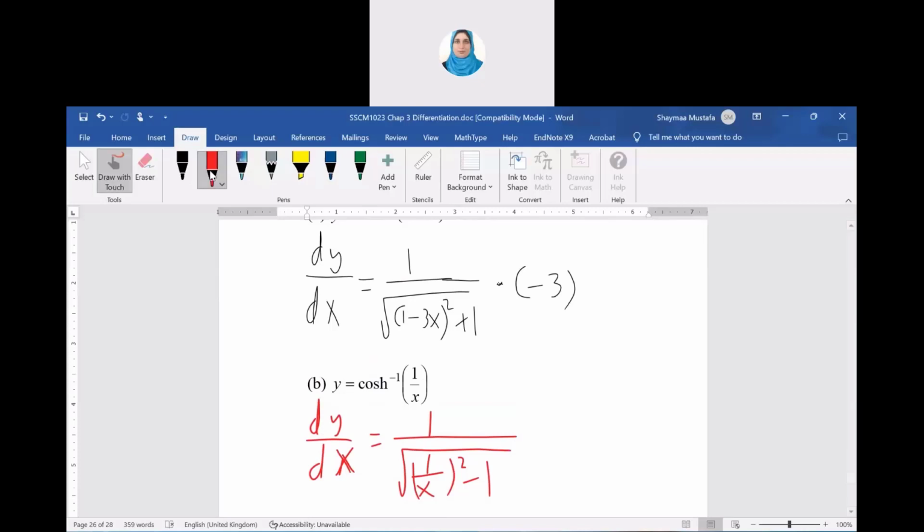What is the derivative for 1 over x? Do you know how to find the derivative for 1 over x?